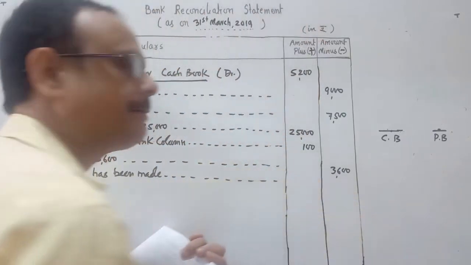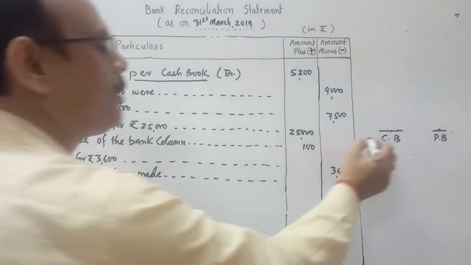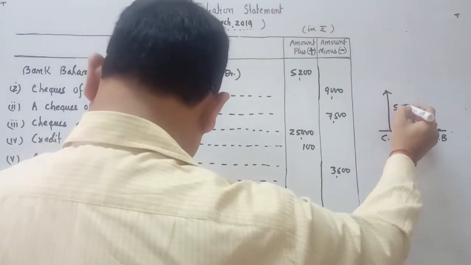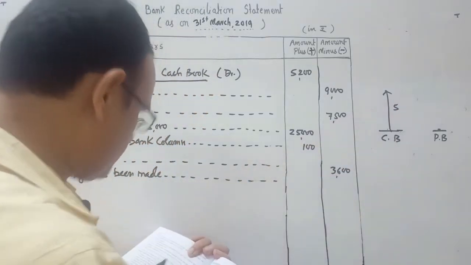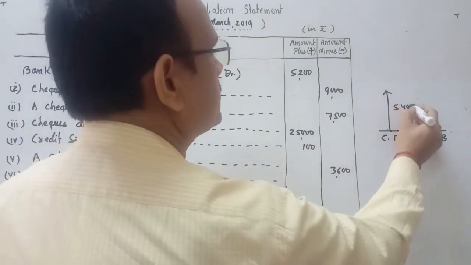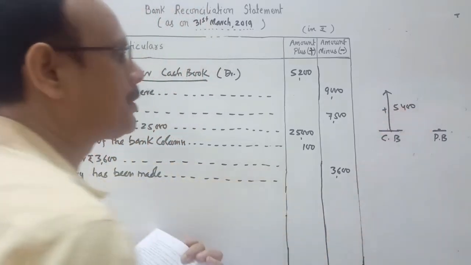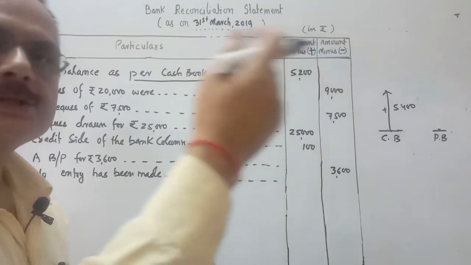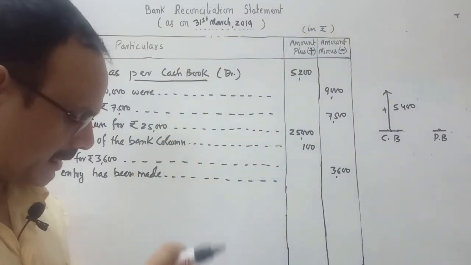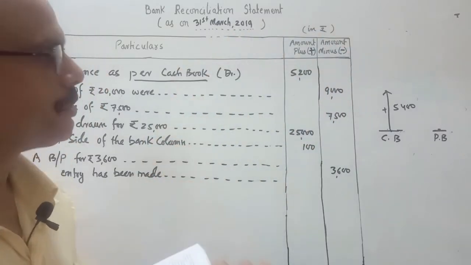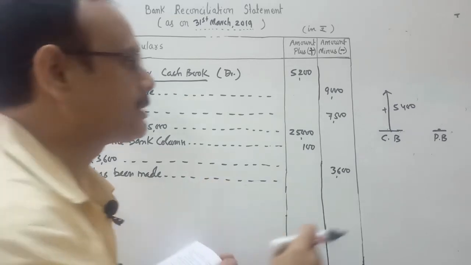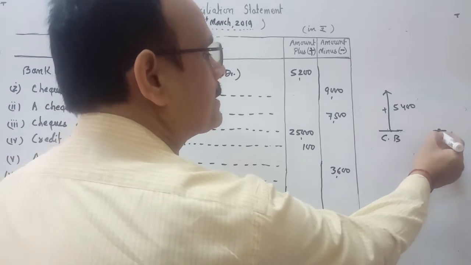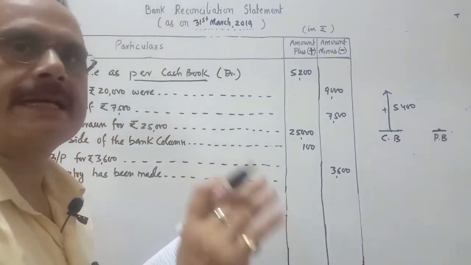When we received the check from a customer and deposited that amount into the bank, the cash book balance increased by 5400. But in the bank that check is dishonored, and no entry for dishonor is passed in the cash book. So the cash book balance is not reduced, but in the passbook no entry is done for that check because it is dishonored.